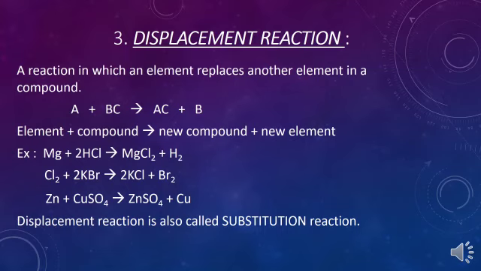Some examples: magnesium plus hydrogen chloride gives magnesium chloride and hydrogen. Chlorine plus potassium bromide gives potassium chloride plus bromine. Zinc plus copper sulfate gives zinc sulfate plus copper. So these reactions follow the formula A plus BC gives AC plus B. Displacement reaction is also called substitution reaction.